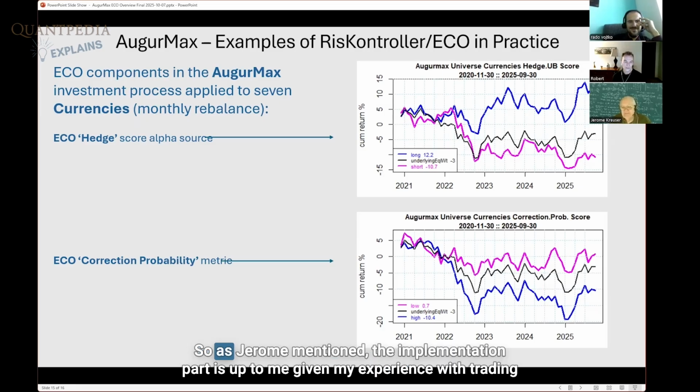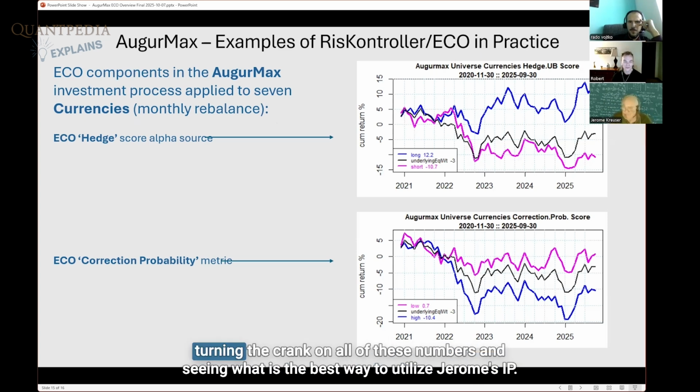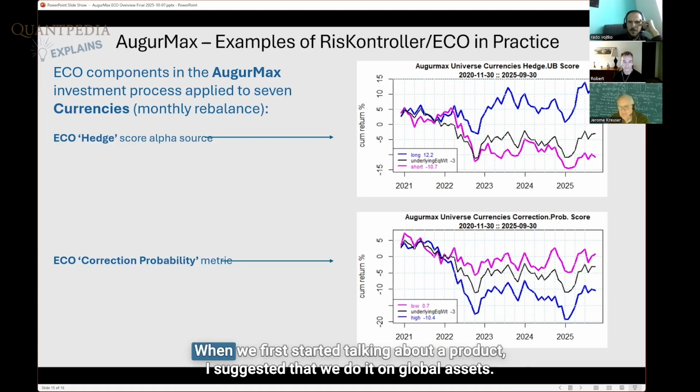Sure. So as Jerome mentioned, the implementation part is up to me, given my experience with trading and portfolio management. But I'm also deep in the weeds with data collection, as well as turning the crank on all of these numbers and seeing what is the best way to utilize Jerome's IP. When we first started talking about a product, I suggested that we do it on global assets.